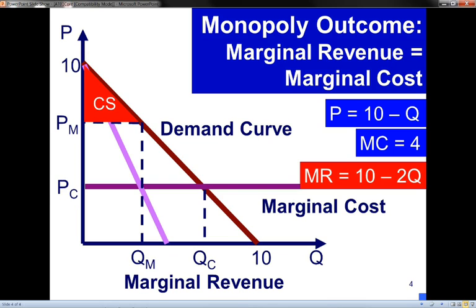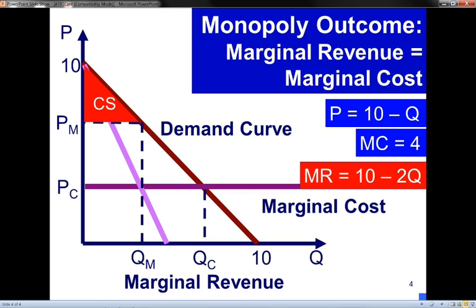There are still some consumers who value the good for more than it costs to make it, who value the good for more than the price, and they're getting consumer surplus. But that has really been drastically reduced from before, where consumer surplus was given really by these three areas. Now we're down to one. Okay, that's an important idea.